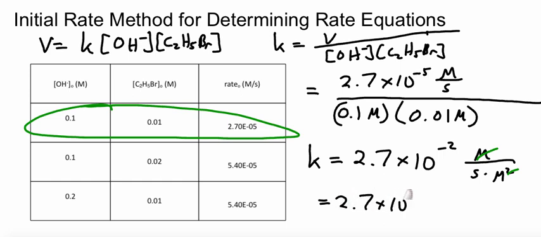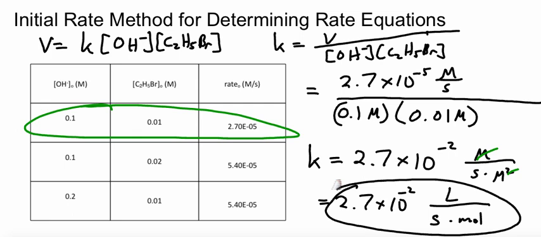So we'd say 2.7 times 10 to the negative 2, and that would be inverse seconds, inverse moles over liters. And that is our rate constant. And as a check, you could just verify that that would come out the same for any of the other remaining trials. And if it does for all of them, you've got the right rate equation.